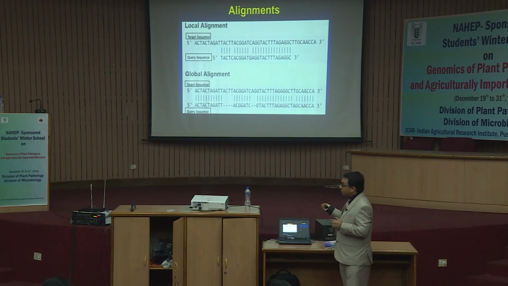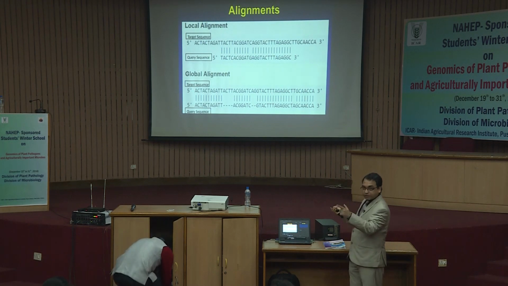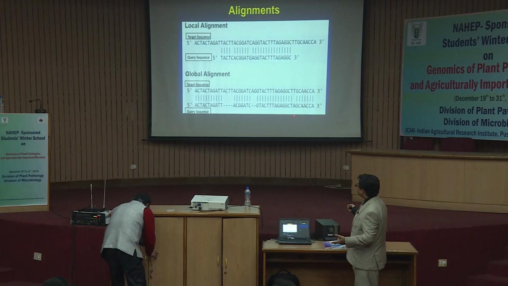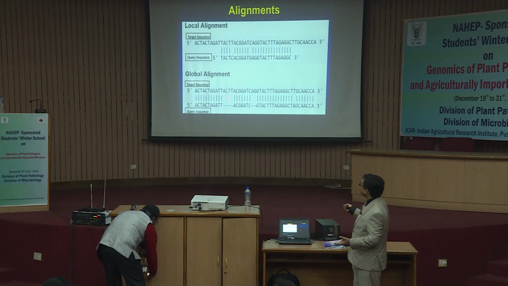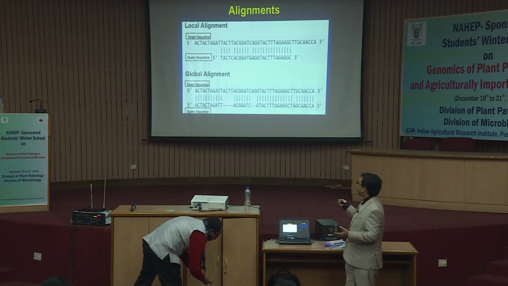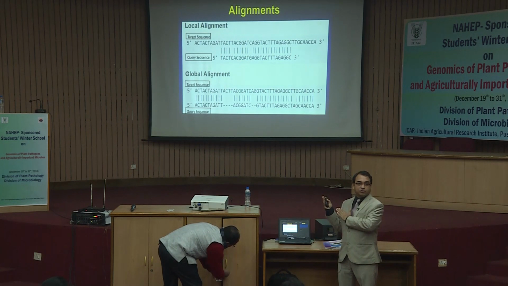But for global alignment, it starts from the first nucleotide of the first sequence and the first nucleotide of the second sequence, and does the entire alignment. There may be some gaps, and not all the sequence may show similarity, but it will do an alignment based on the entire sequence stretch.